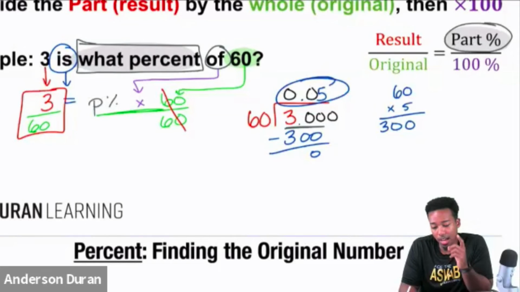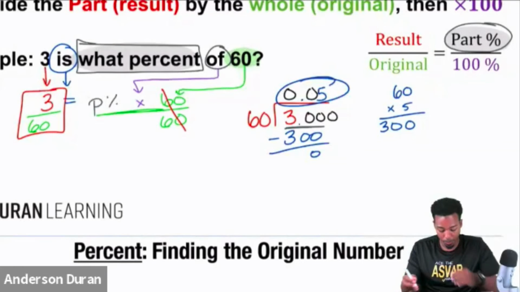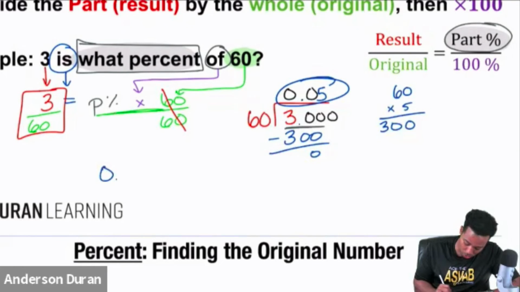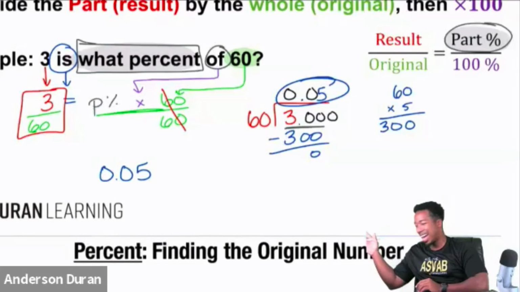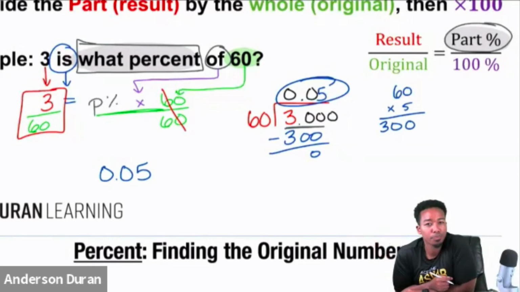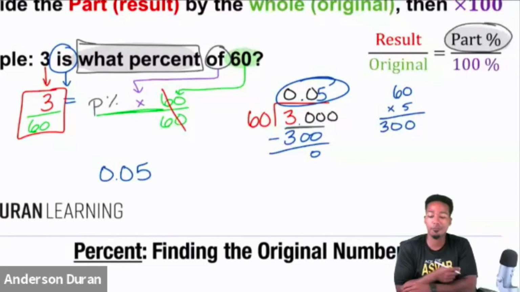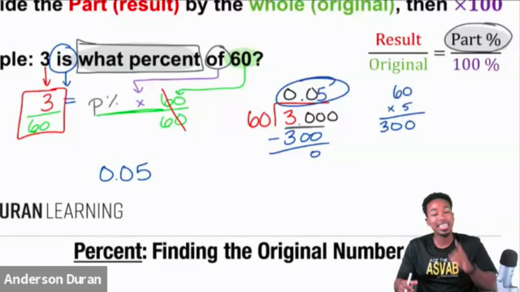When we do the 3 divided by the 60, the part divided by the whole, we end up getting 0.05. Is that in percent form? Nope, unfortunately, it is not in percent mode.